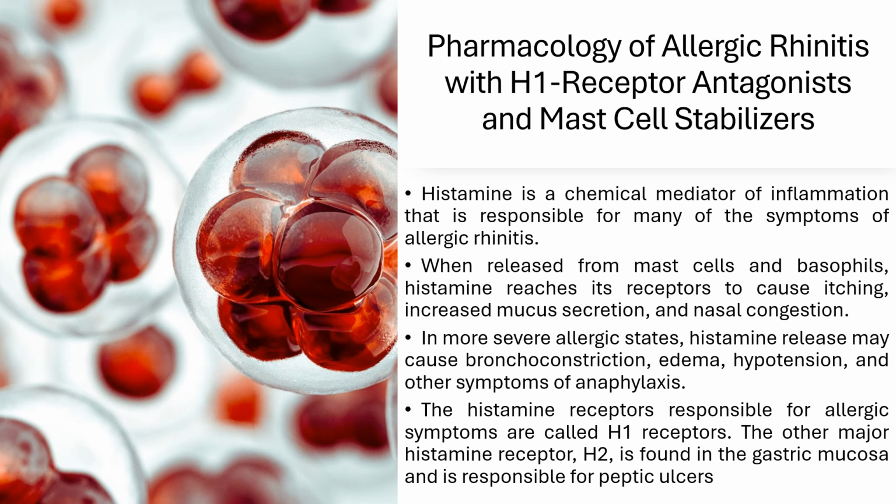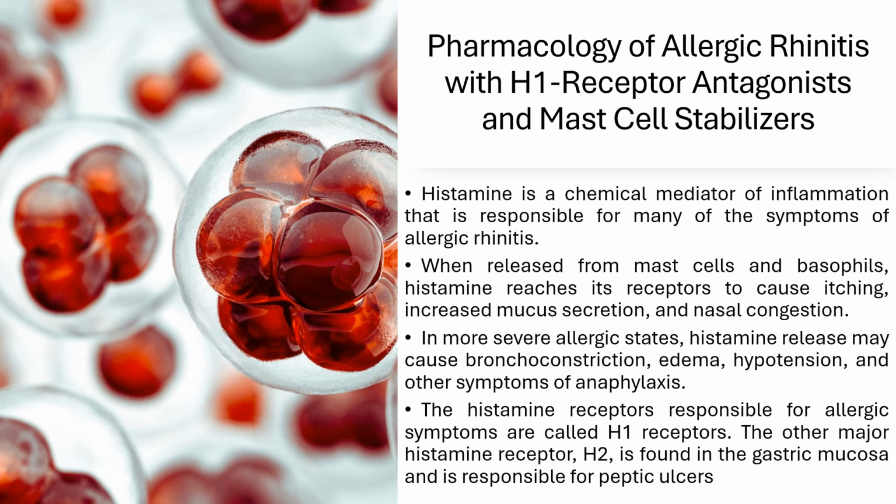When released from mast cells and basophils, histamine reaches its receptors, which would cause itching, increased mucus secretion, nasal congestion, and sometimes breathing difficulty and problems with their breathing capacity. In more severe allergic states, the histamine release may cause bronchoconstriction, edema, hypotension, and other different symptoms of anaphylaxis, severe cases of allergic reaction.